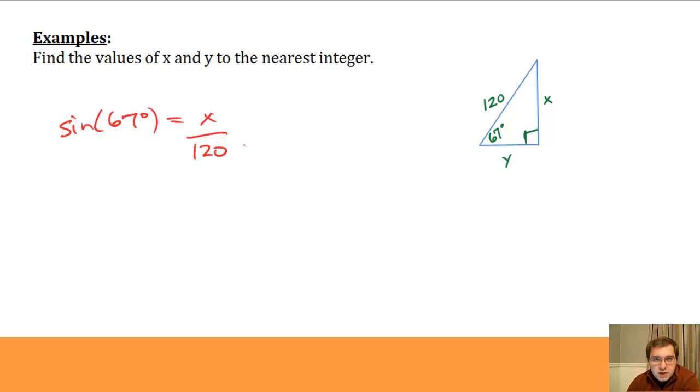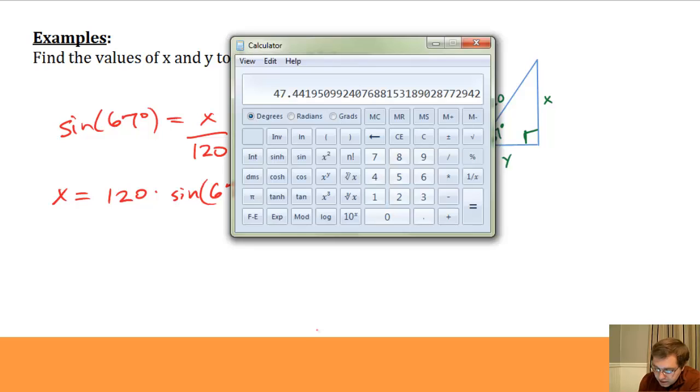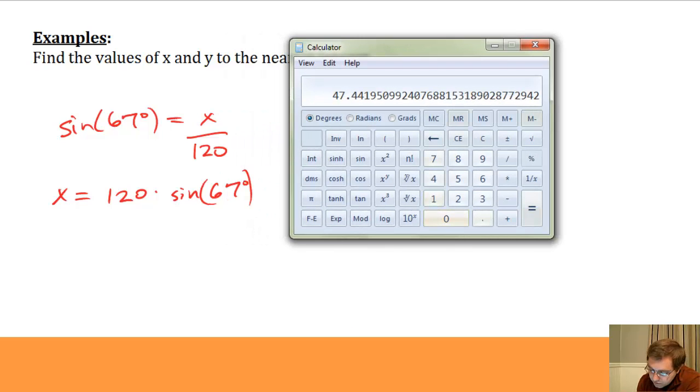I'm using sine here and not tangent because I don't know either one of the legs. So I'd have two variables if I use tangent. Using sine, I just involve one variable. And again, if I want to find x, I need to multiply both sides by 120. So it's going to be 120 times the sine of 67 degrees. So what is the sine of 67 degrees? 67 sine, it's that long decimal, and I'm going to multiply it by 120, and I get about 110.46.